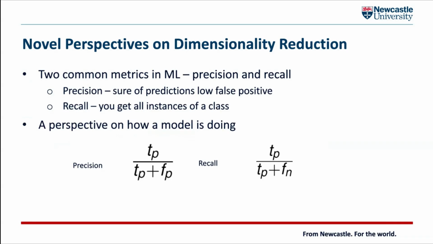you better not be wrong. So I can get very, very high precision. What's your name? Parisa? By going, that's Parisa. And then for everybody else's name, just not answering. That's high precision. Why is that high precision?